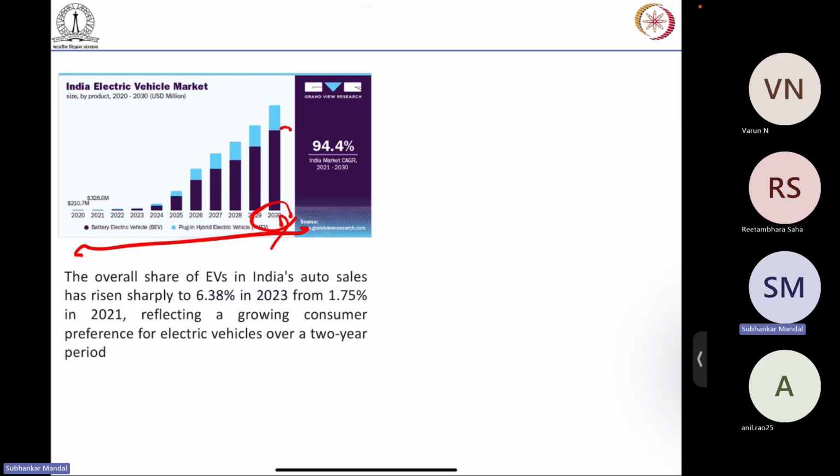Here you can see the sky blue color representing the plug-in hybrid electric vehicle. Basically, a hybrid electric vehicle means we have the battery as well as petrol, so the car can run on battery as well as petrol. Here you can see that with time the battery demand is increasing, so the fully battery vehicle is running.